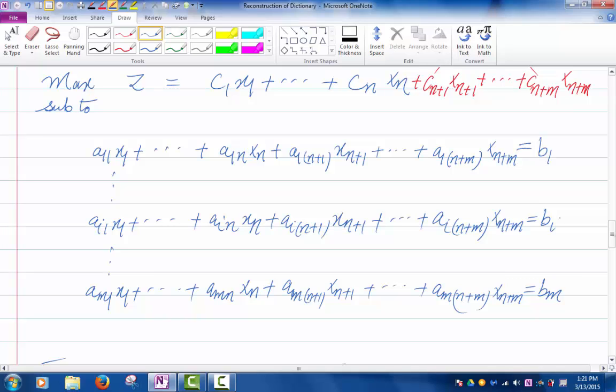What's the value of that? 1, right? Because your original inequalities were these expressions less than or equal to b1, bi, bm, but now you're adding a slack to each one of the constraints. What would be the coefficient of a1,n+2? 0, right? So same thing here. When you come here, ai,n+1 would be 0. Which coefficient here would be 1?